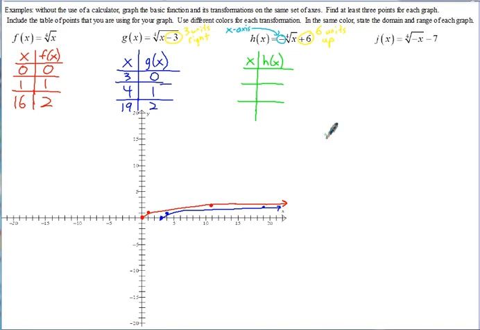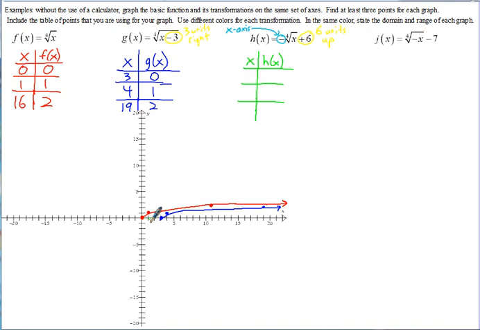That's an x-axis reflection. So it actually does not matter which one of these you do first, whichever one you think is going to be easier. Okay? So I'm going to reflect it about the x-axis first, and then shift it up 6.